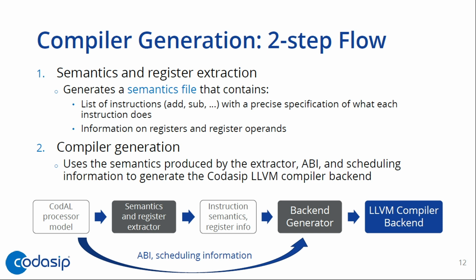And then the compiler generation itself just uses the semantics, the register info, ABI and scheduling information to produce the final backend that's compiled as LLC at the end of the day.